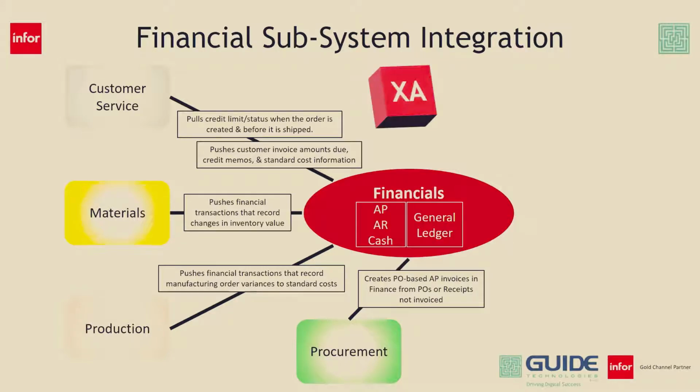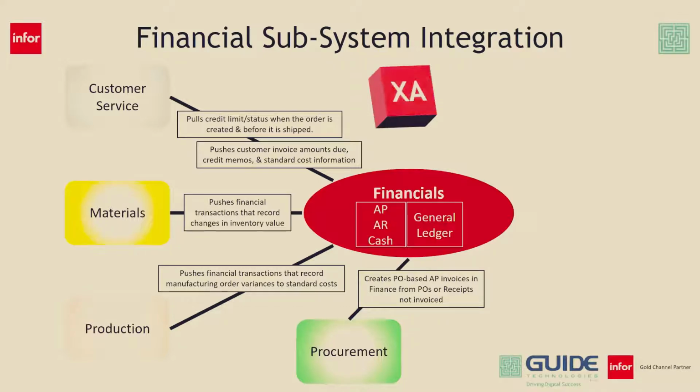And it doesn't really matter which financial system you're using. Customer service checks credit limits from finance. And when the order is created and shipped and invoiced, then it passes that information to the financial engine so that it can eventually get posted to the GL.